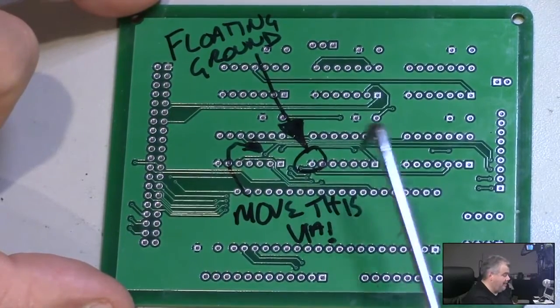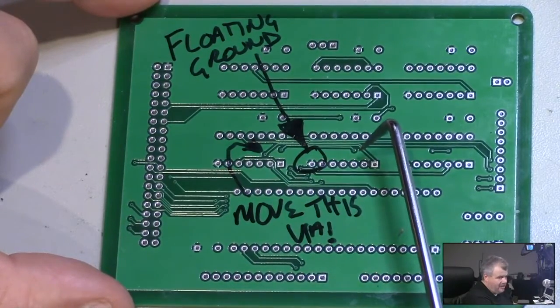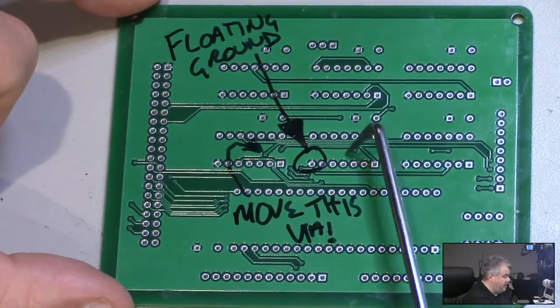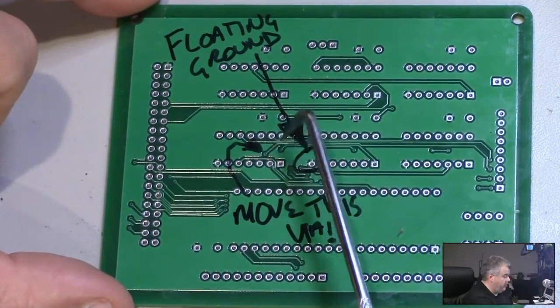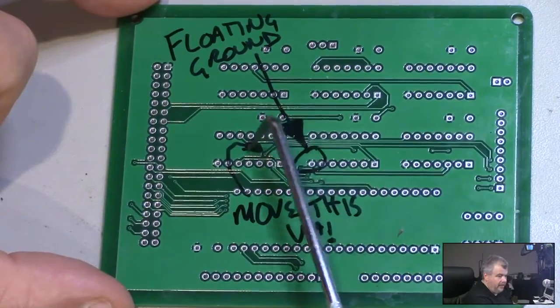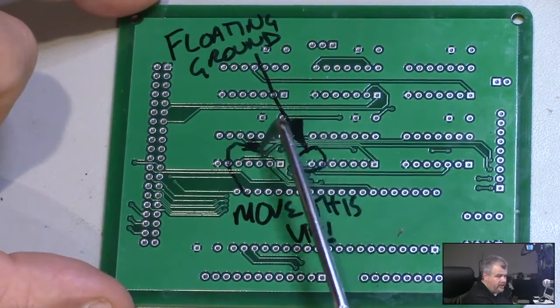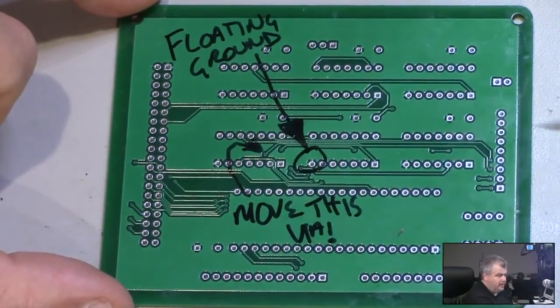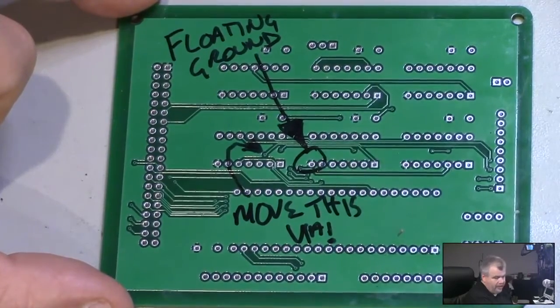So I have done a redesign. I haven't sent them out for manufacturing yet, but I've done a re-layout, moved these vias up, and so there should be a good connection across here to allow this pin to be properly grounded.